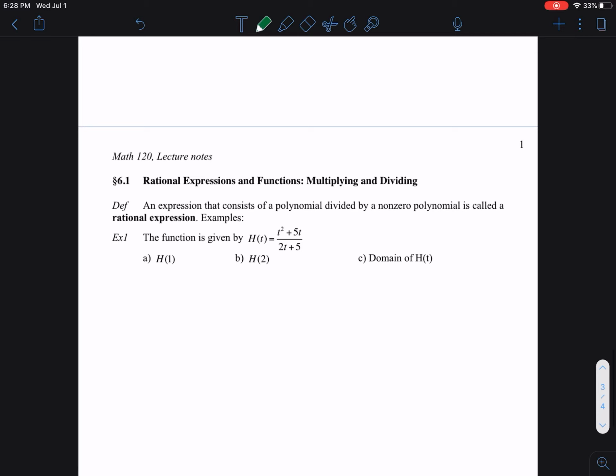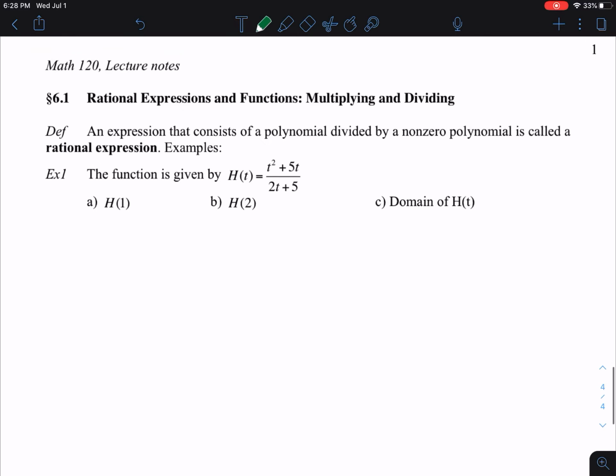So just quickly, the definition of a rational expression is when you have a fraction of two polynomials dividing, and the polynomial in the denominator is non-zero.